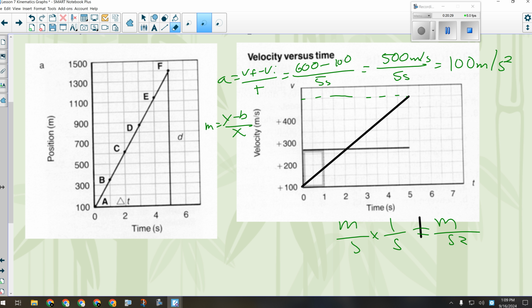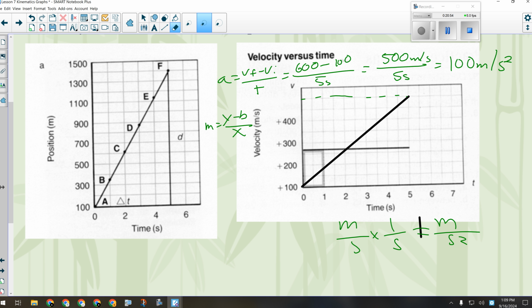A bunch of the formulas on our formula sheets are actually just the slopes of a particular graph. In this case, the acceleration is the change in velocity over time, or the slope of that line. I used b, 100, I used y, 600, and I used x, 5 seconds. Does that make sense?